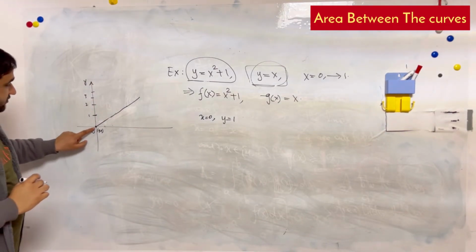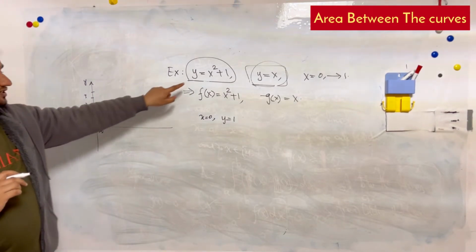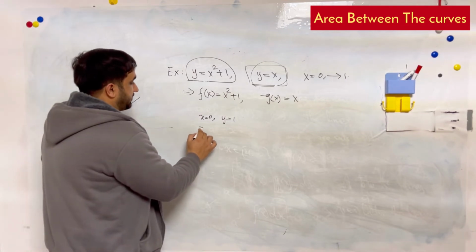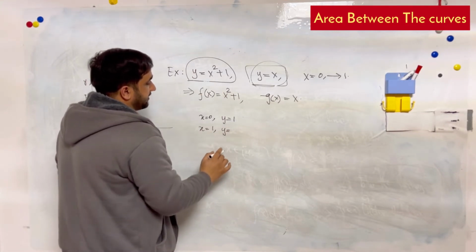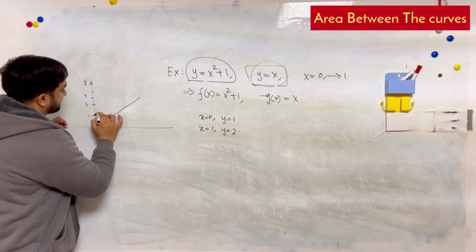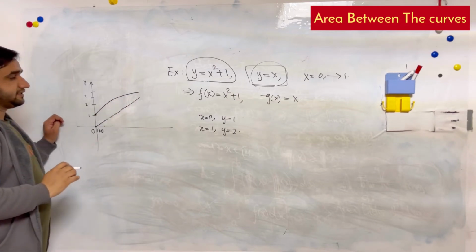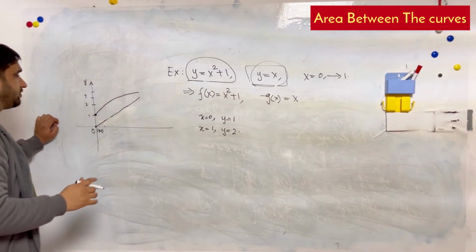When you put x equals 0, the corresponding value is here for this function. Now, if you put x equals 1, the corresponding value for this function will be 2. So it will go like this somewhere. Anyway, you can sketch it. We don't worry about that.